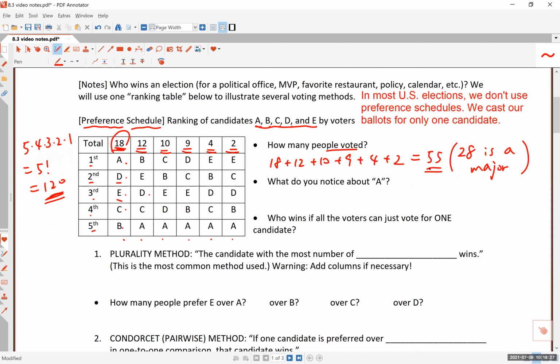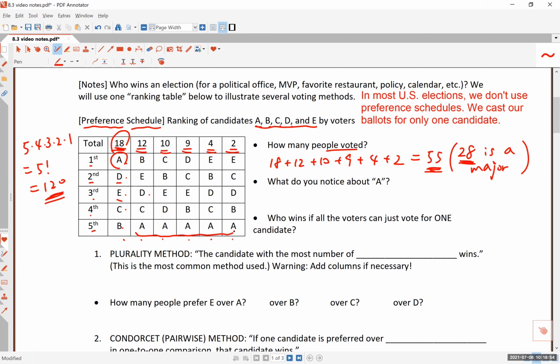And by the way, this number is important, because this is more than half, right? So what do you notice about A? Look at the candidate A. What kind of a person is this, do you think? Well, A is the first ranked choice by 18 people and the very, very bottom choice for everybody else.